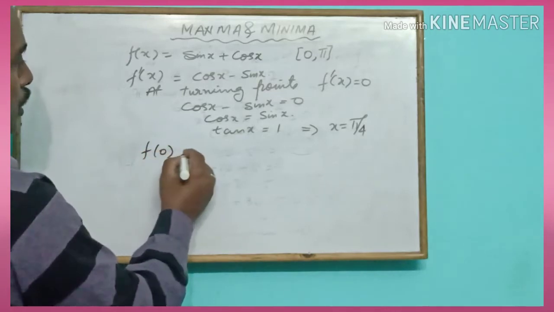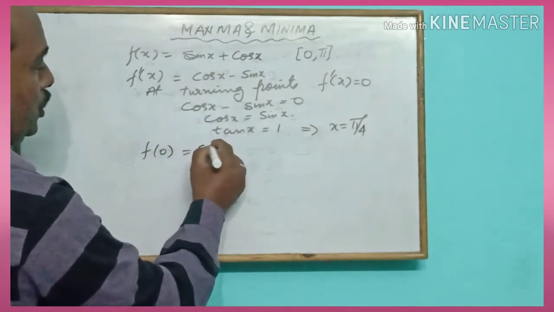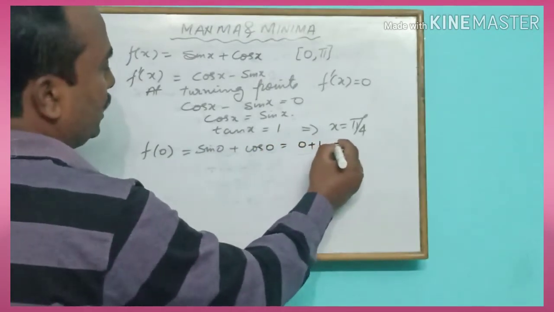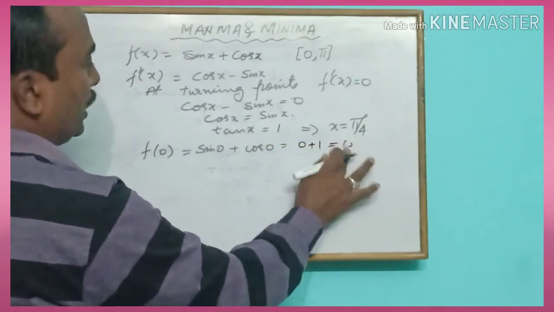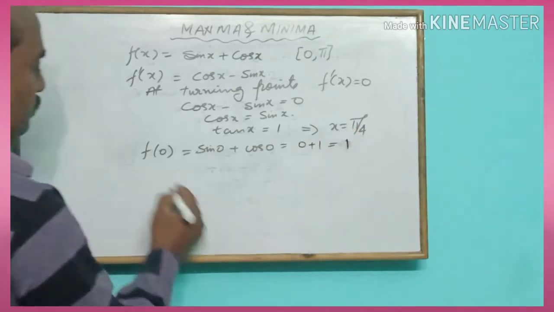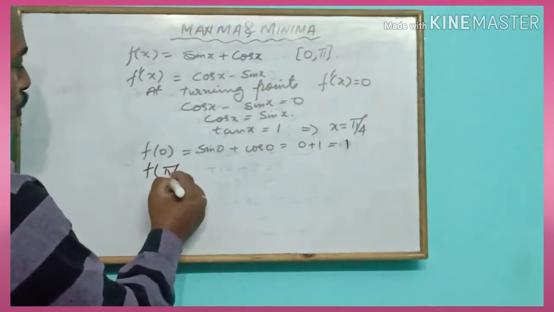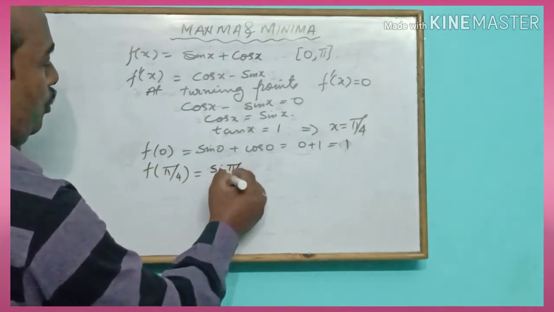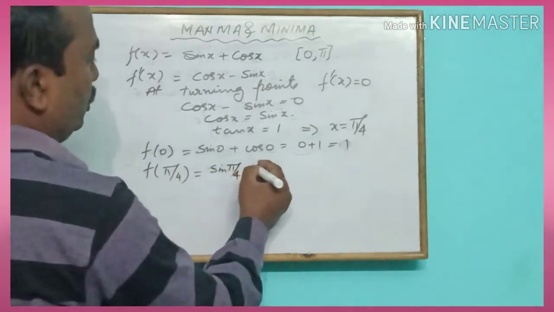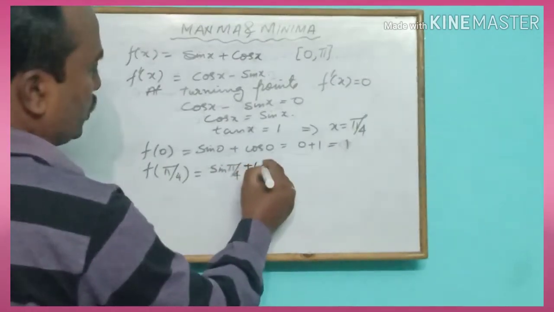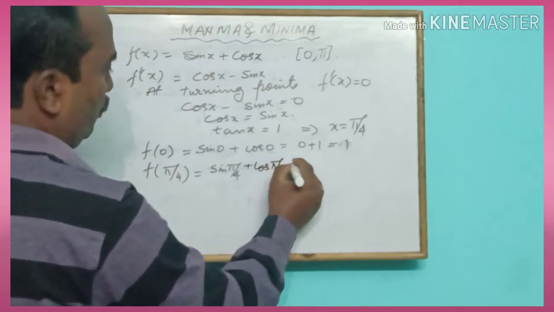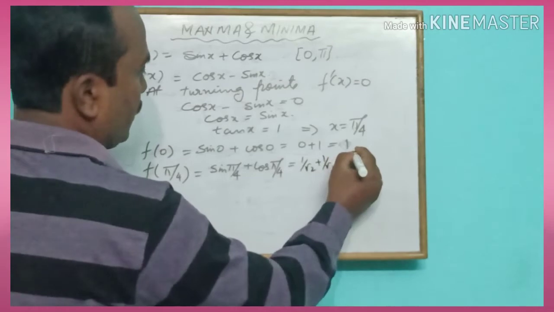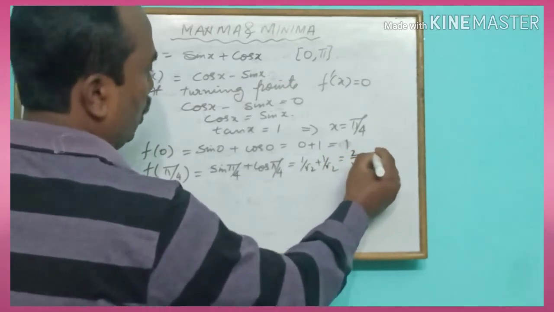f of 0 is what? sin 0 plus cos 0, that is 0 plus 1, that is 1. And f of pi by 4, that is sin pi by 4 plus cos pi by 4, that is 1 by root 2 plus 1 by root 2, that is 2 by root 2 or root 2.